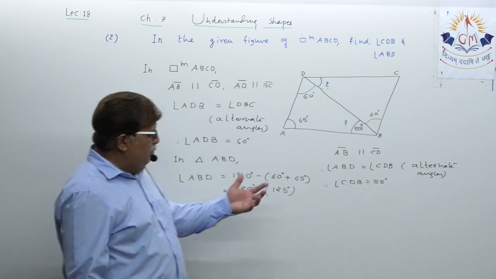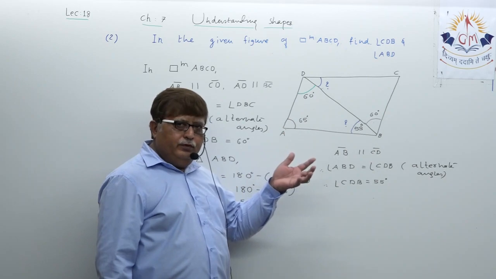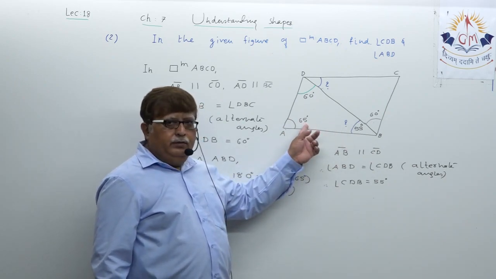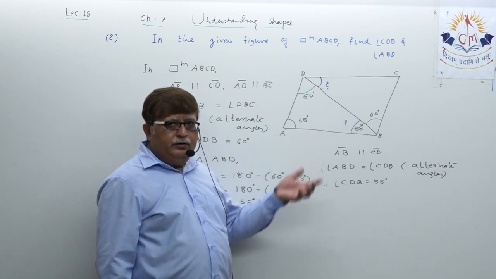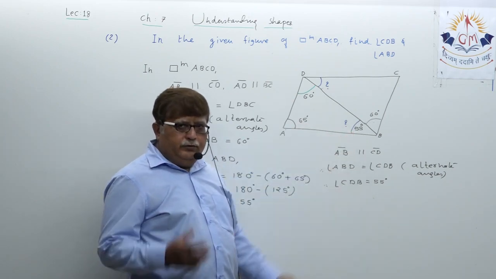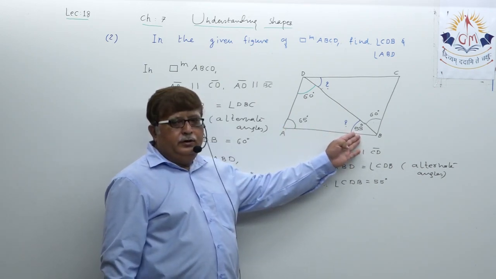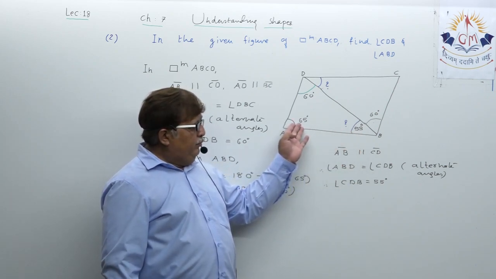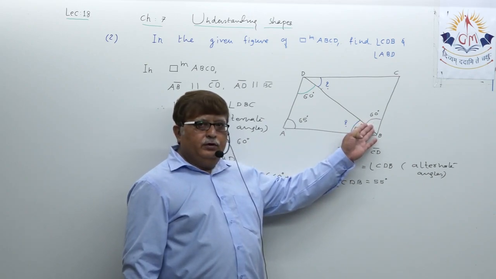Understand, some students might do it this way also, just for making you understand. Every student and everybody knows that adjacent angles are supplementary. So some might think this way, A plus B will be 180. So if this is 65, this is 60, what is left?